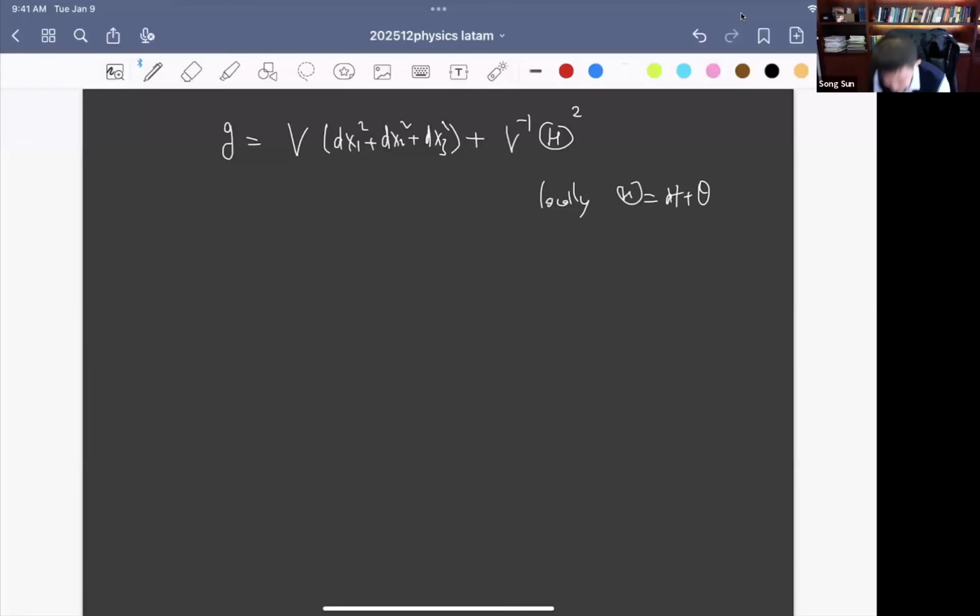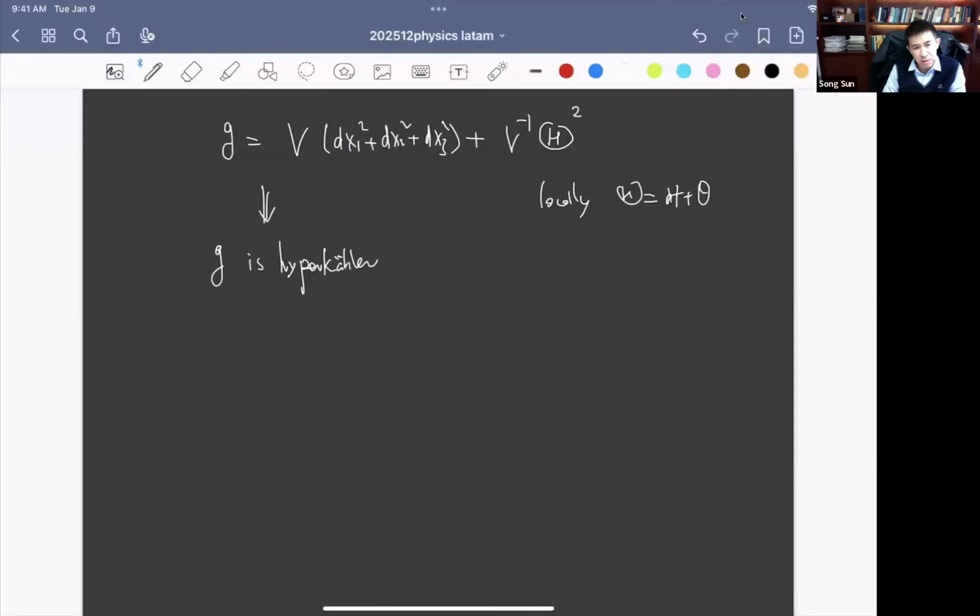And then once you have this, you can just do the same thing. G equals V times (dx1 squared plus dx2 squared plus dx3 squared) plus V inverse theta squared. So locally, it's exactly the same situation. And the main point is that this little theta is not unique, right? And all the discussion before, that this G is hyperkähler, is exactly the same because we only use the local form.